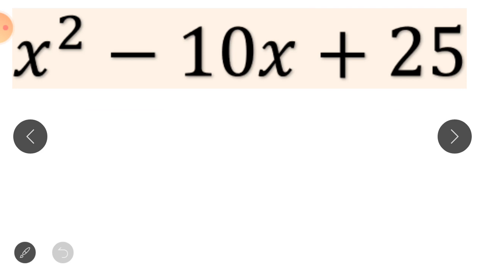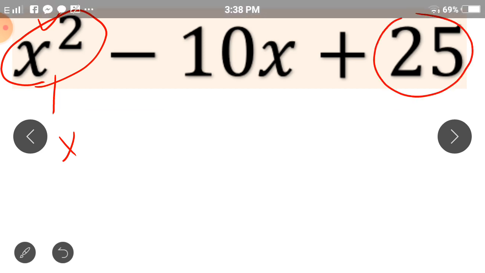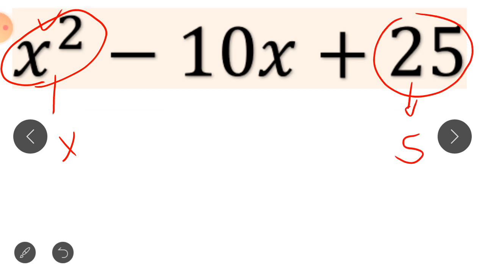Okay, next one is x squared minus 10x plus 25. So square root of x squared, that is x, so check first term. Square root of 25, that is 5, so check last term.